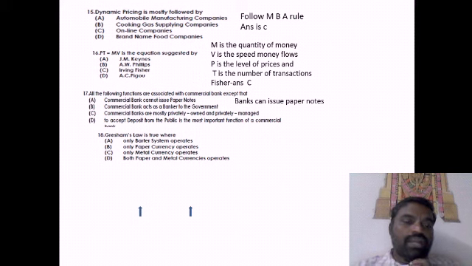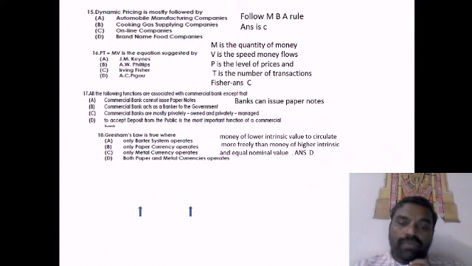Next one, Gresham's law is true where money of lower intrinsic value circulates more freely than money of higher intrinsic value and equal nominal value. This is Gresham's law.